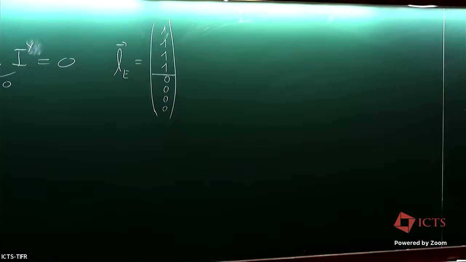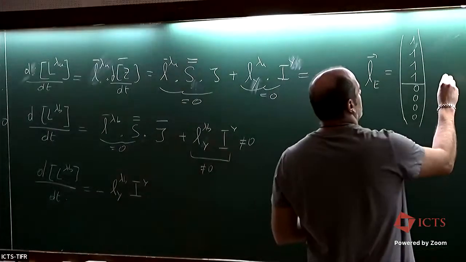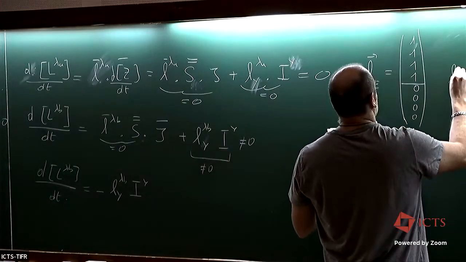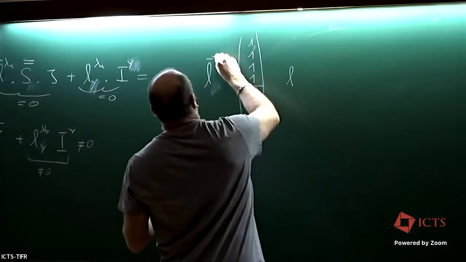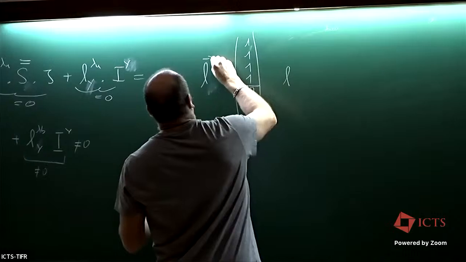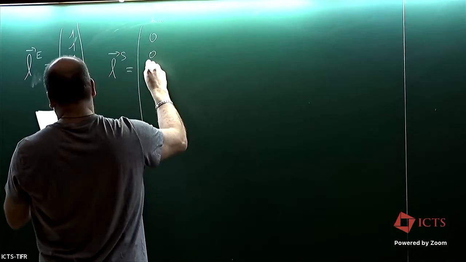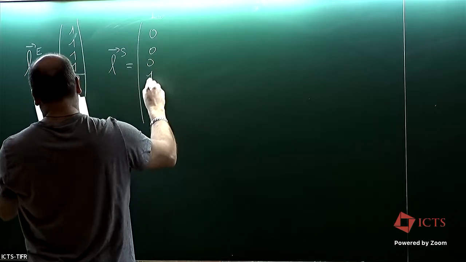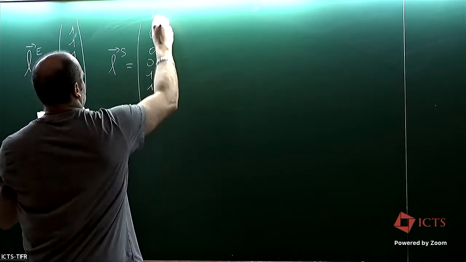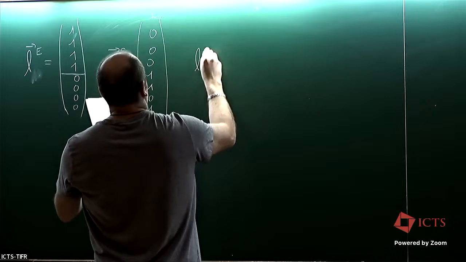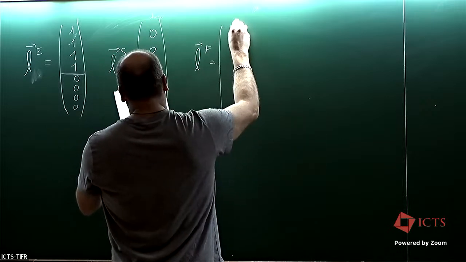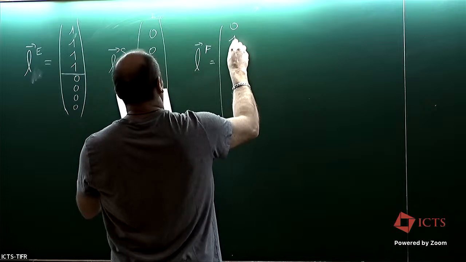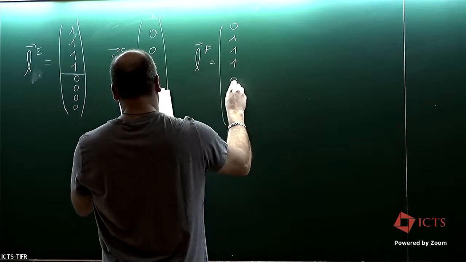Now let's look at the broken ones. There are 2 broken conservation laws in this system. This one, which is 0, 0, 0, 1, 1, 0, 1, 0, and this one LF: 0, 1, 1, 1, 0, 1, 0, 1.